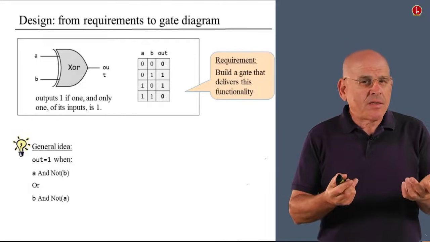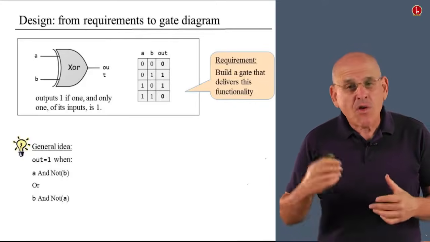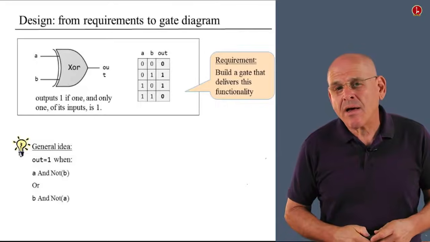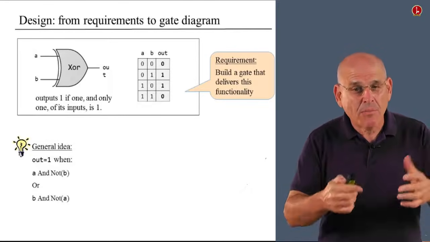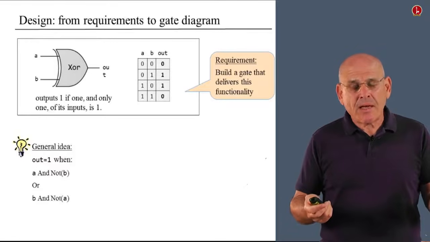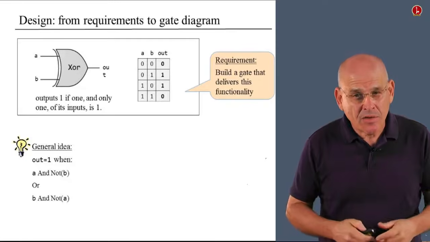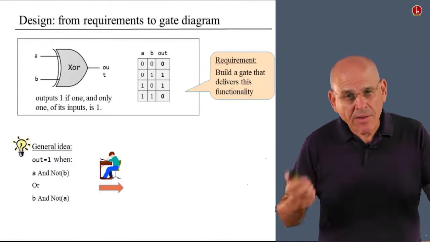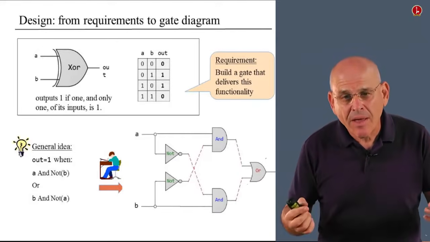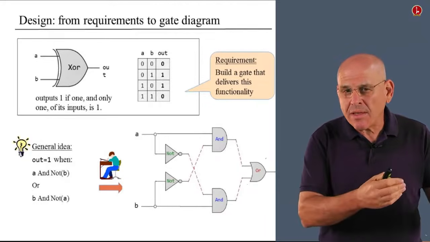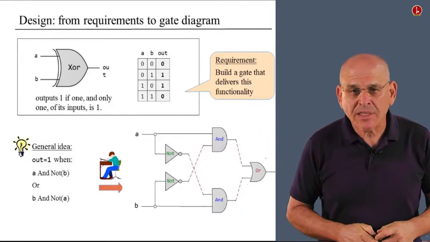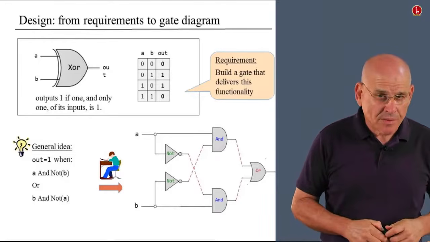You can either see it on your own, or as Noam described in one of the previous units, you can synthesize this insight or this Boolean function from the table itself. So once you come up with this insight, the next thing that you do is you think about it for a little while, and you come up with a gate logic diagram that describes how we can build this Boolean function using basic logic gates that we already have at our disposal.